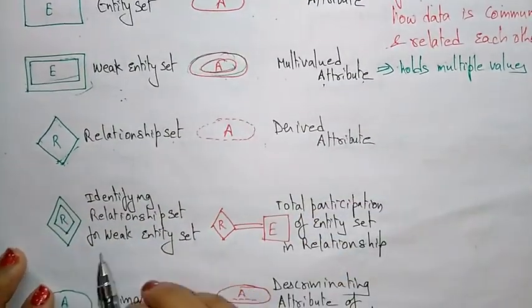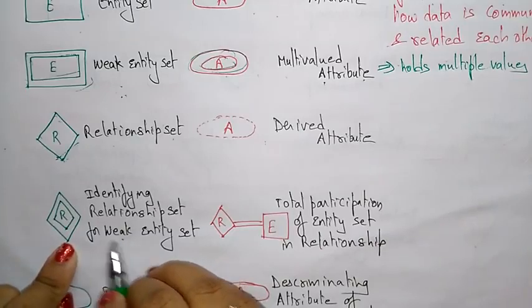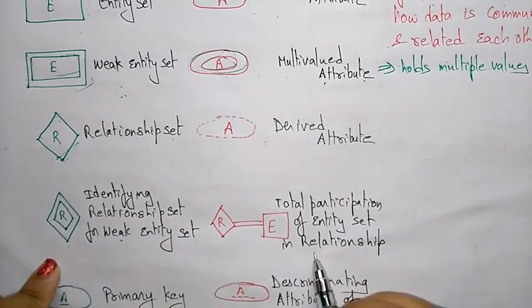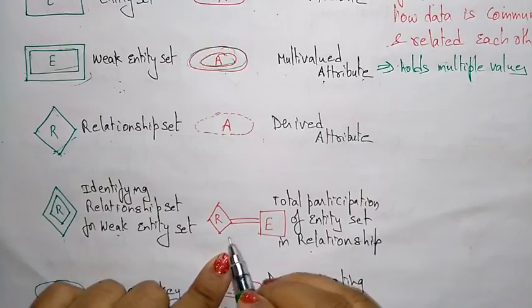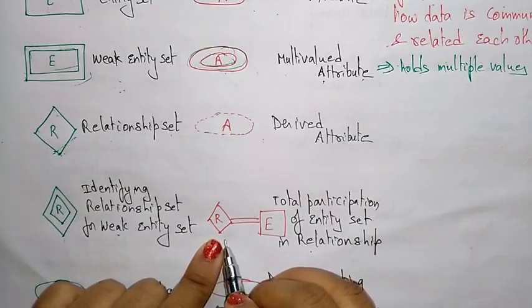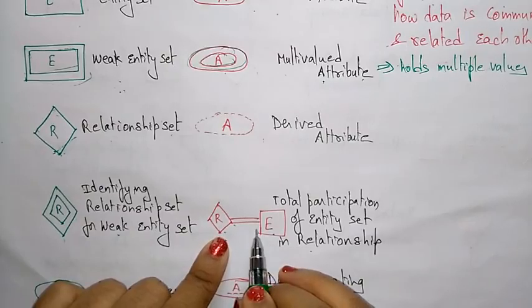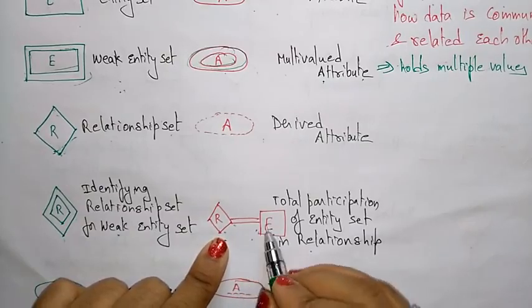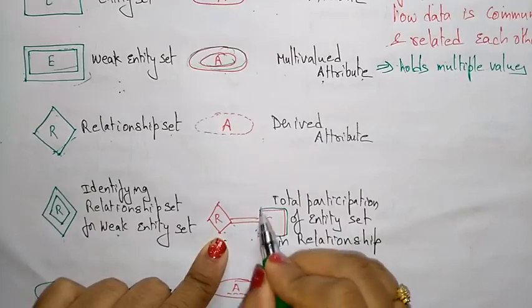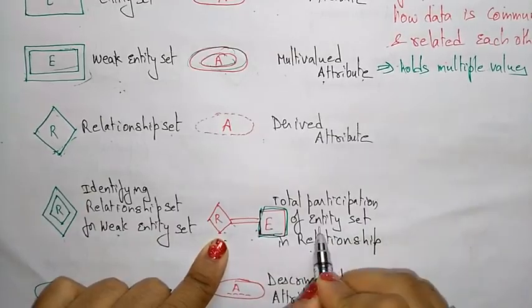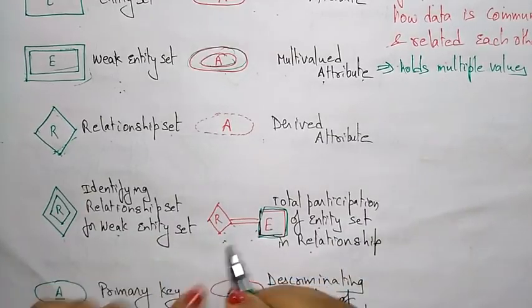And this is the identifying relationship set for a weak entity set. And this symbol is for total participation of an entity set in a relation, where the entity set is participating totally.